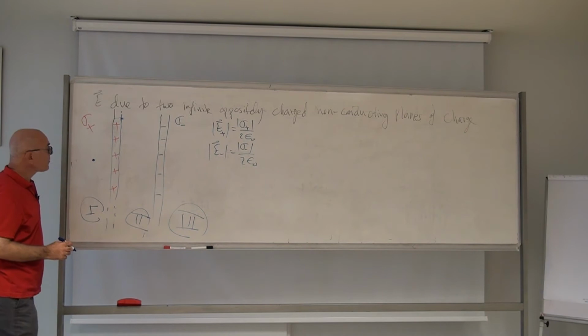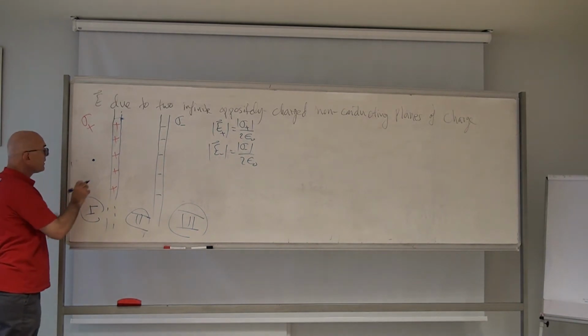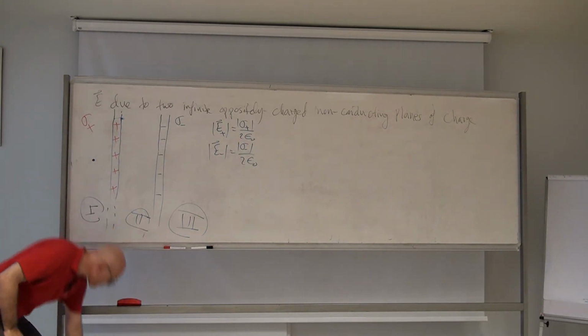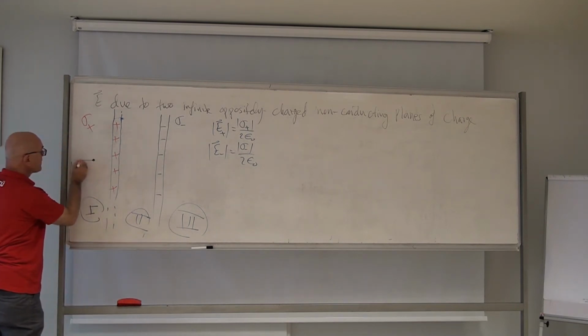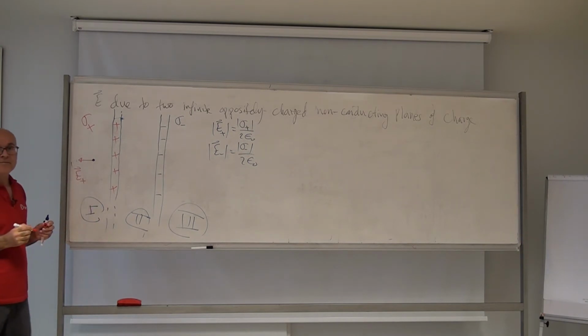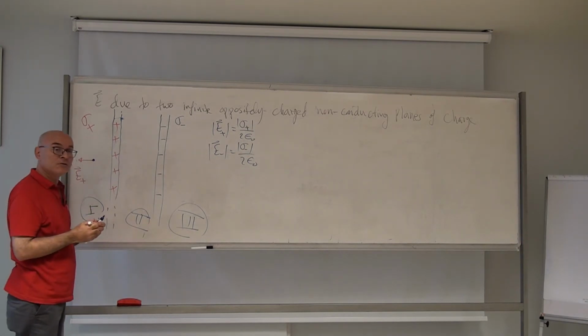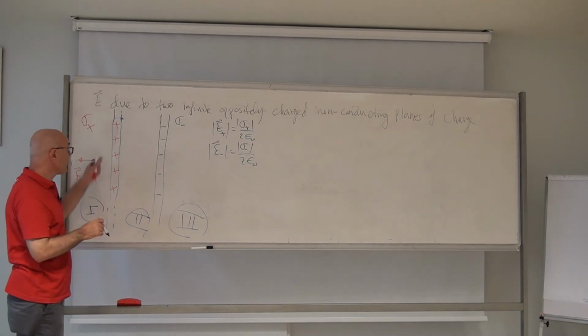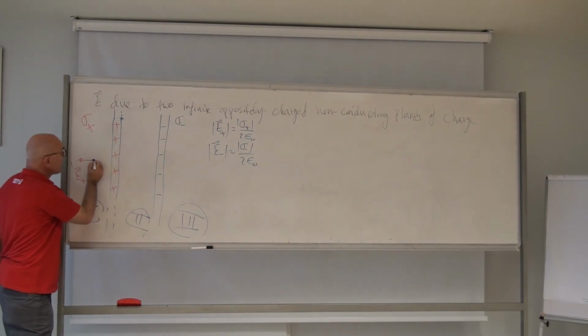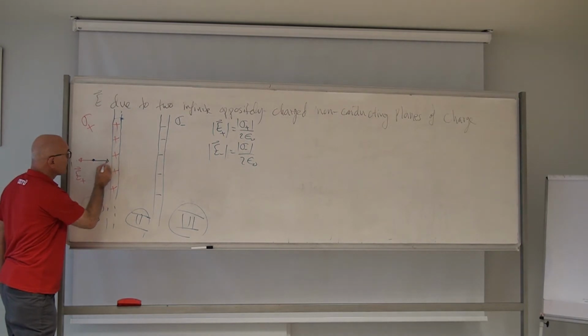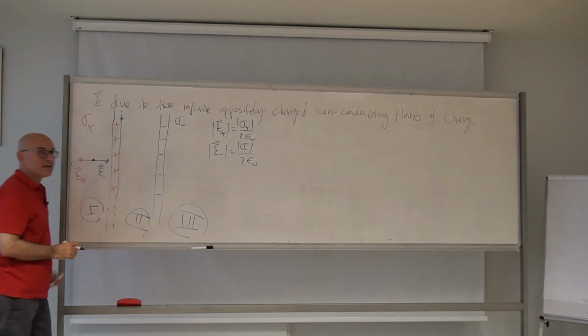Therefore, at this point, I can draw what E plus is. This is E plus, which is the electric field due to the positively charged plane. And this will be E minus.